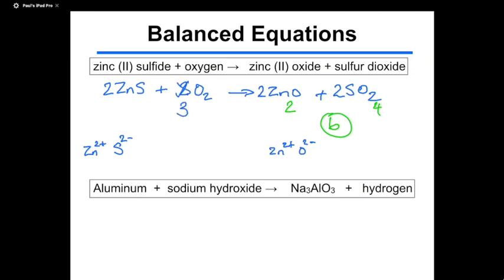A 3. All right, let's check. Oxygen is good, right? How about zinc? 2 here, 2 there. Good. How about sulfurs? 2 there, 2 there, and I'm good. That's not an easy one, right? So now you have an example that wasn't easy. But it got there. You just have to make sure every time you put a coefficient in front of something, it has consequences, and that consequence has to be addressed.